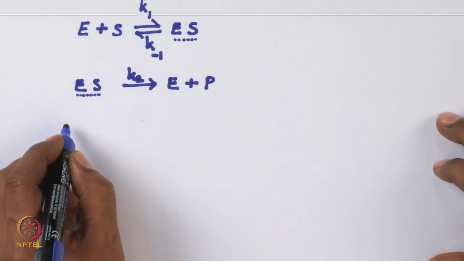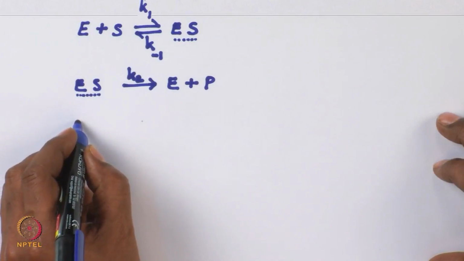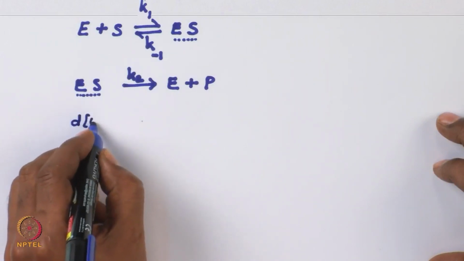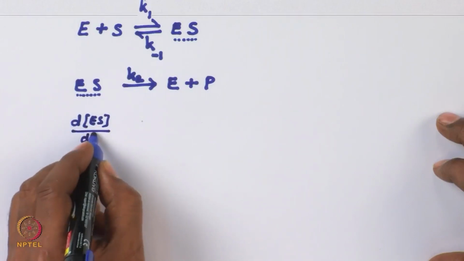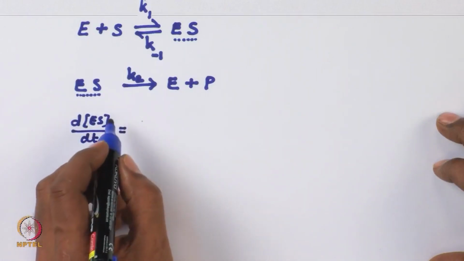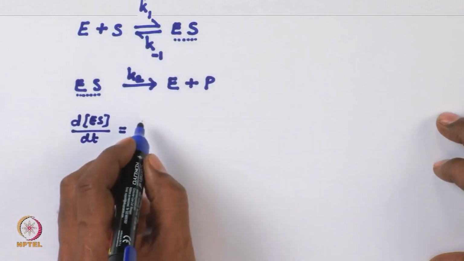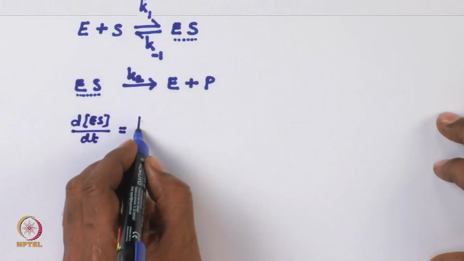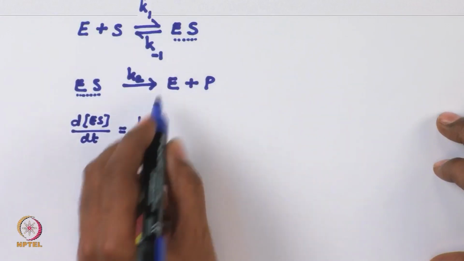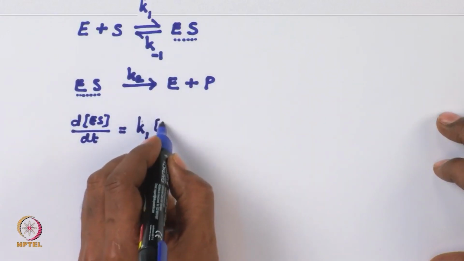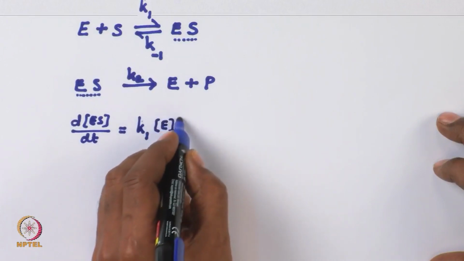So, that is what we will do over here. We will write d ES over dt, which is, let us take a look at this, ES is being formed. So, I will write K1 into E into S.